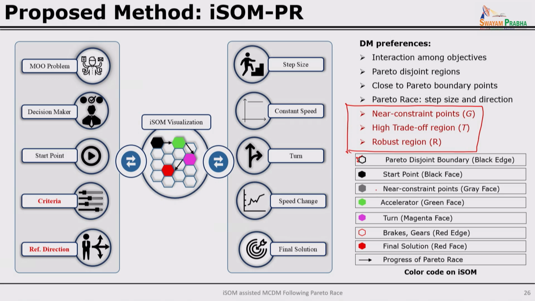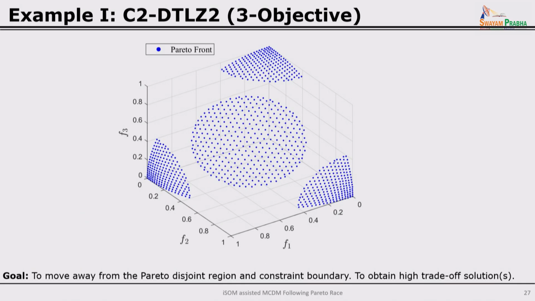If some solutions are close to a constraint, we will show them in gray face color. Accelerator we will show in green. This color scheme is given so that the decision maker can identify which action was taken, where the direction or speed was changed, where it was decreased or increased, and also the final solution, in red color. We'll take a few examples and demonstrate how this works.